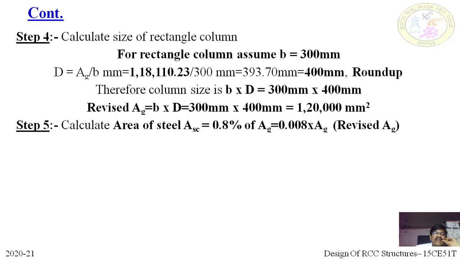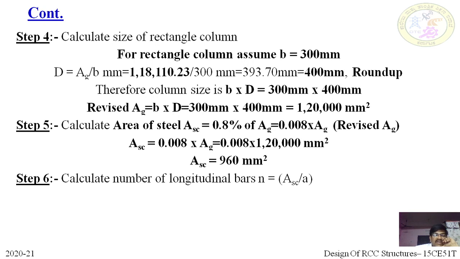After that, calculate the area of steel. When Ag is revised, we have to calculate the area of steel again. So Asc equal to 0.008 of Ag, that is 0.008 of 1,20,000 millimeter square, that is 960 millimeter square.